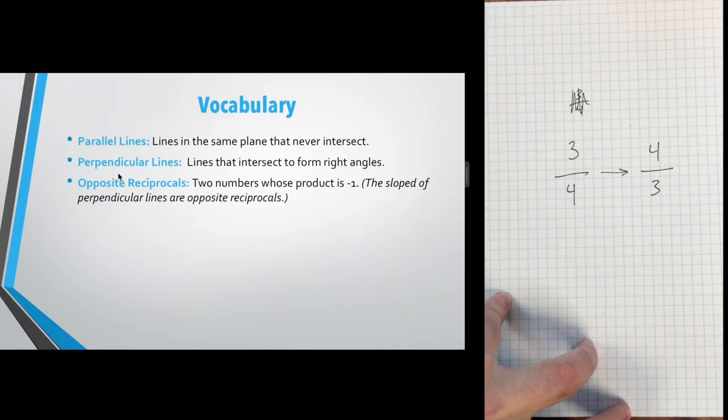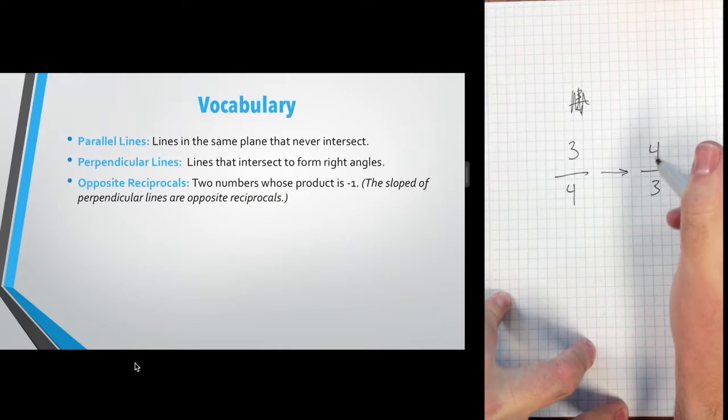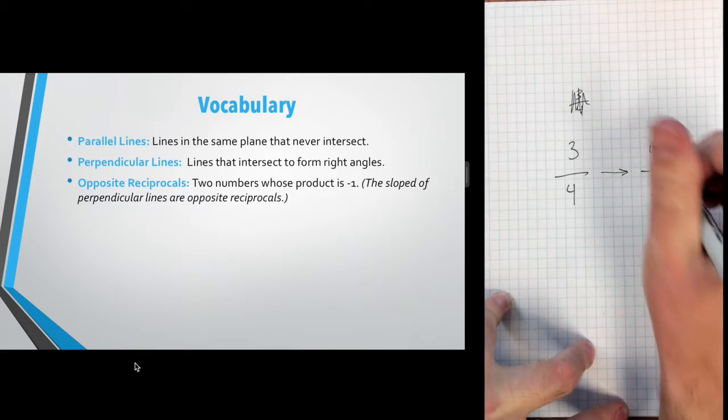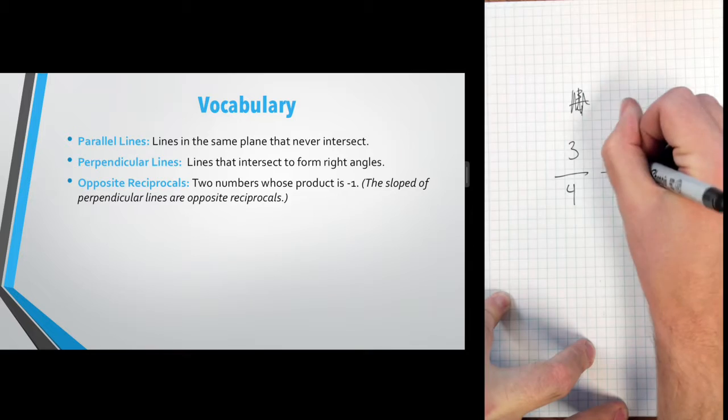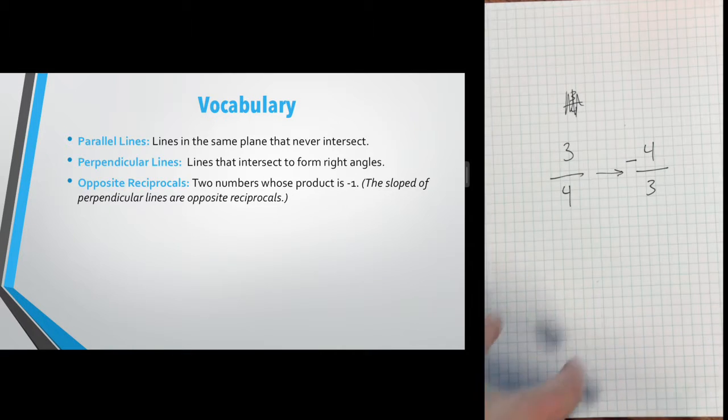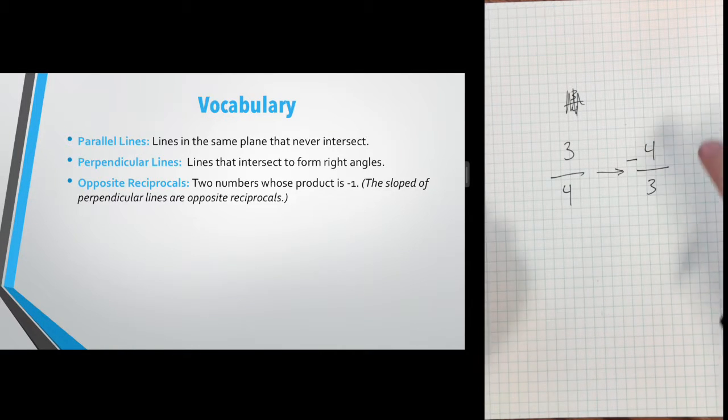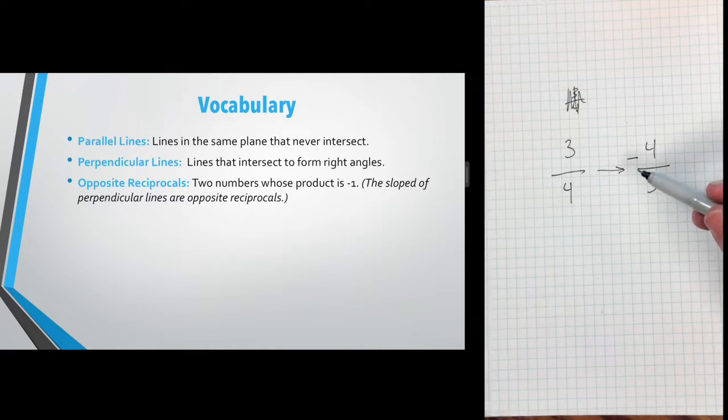Now, in opposite reciprocal, because it's not just a reciprocal, that would mean not only do you flip it, but then if it started as a positive, then when it ends, it would be negative. So opposite reciprocals mean it's flipped and it's negative where it was positive. Or if it started negative, it would now be positive.